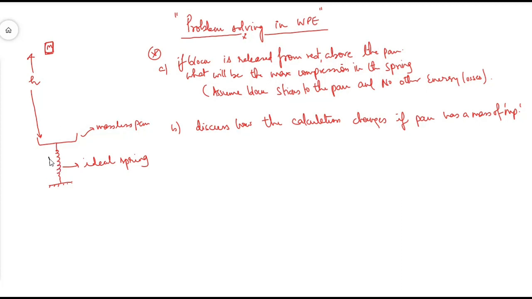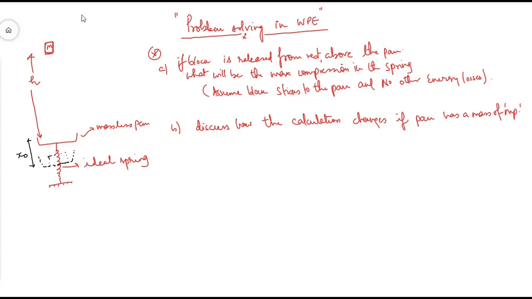The compression in the spring is this distance, let's call it x, or x naught, because I'm talking about the maximum value.